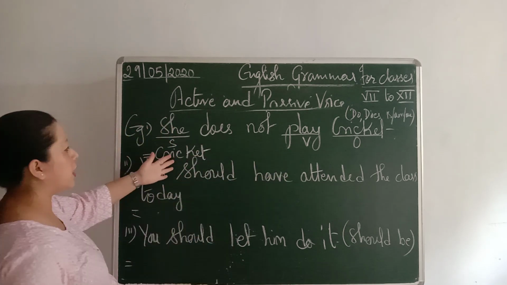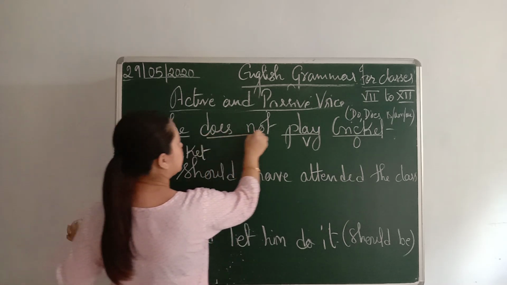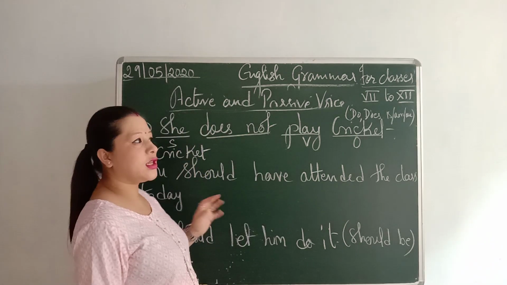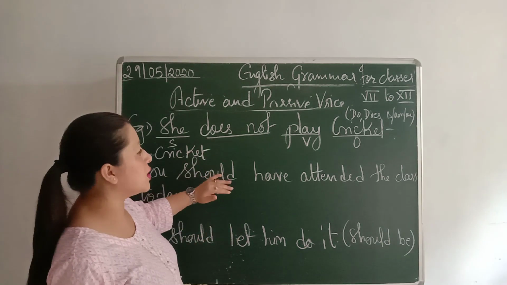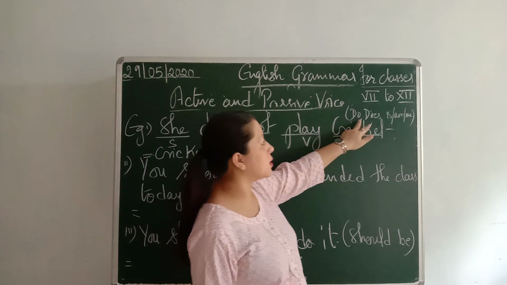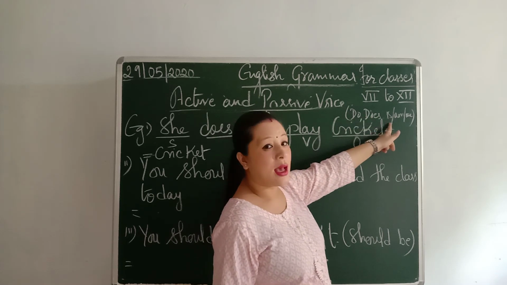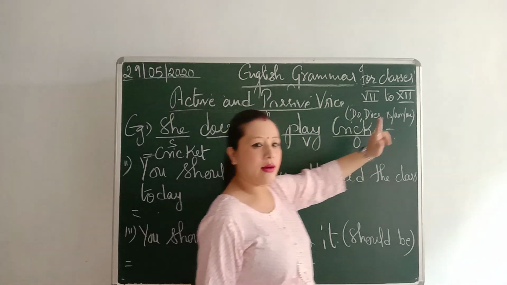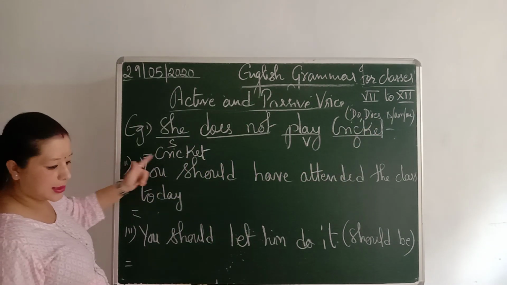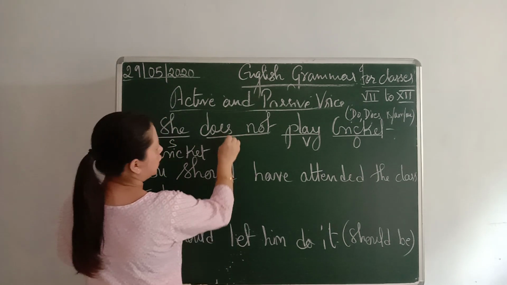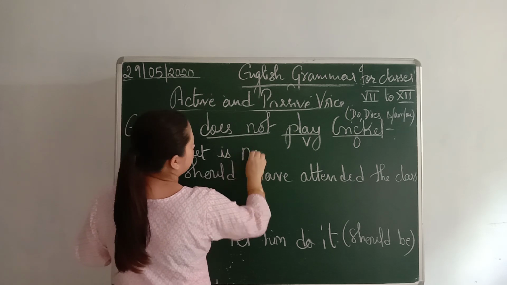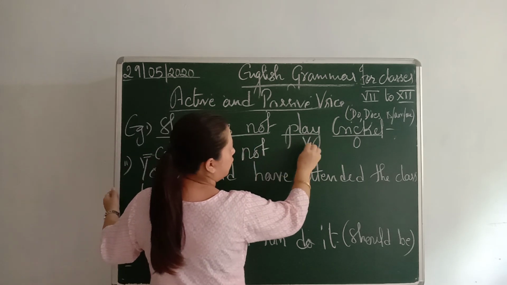You brought cricket in front. Then here is does not. So in an active voice, if there is do and does, when you change that active voice into a passive, instead of do and does, you have to write either is, am, or are. So you write cricket, and instead of does, you wrote is, not, verb in the first place.